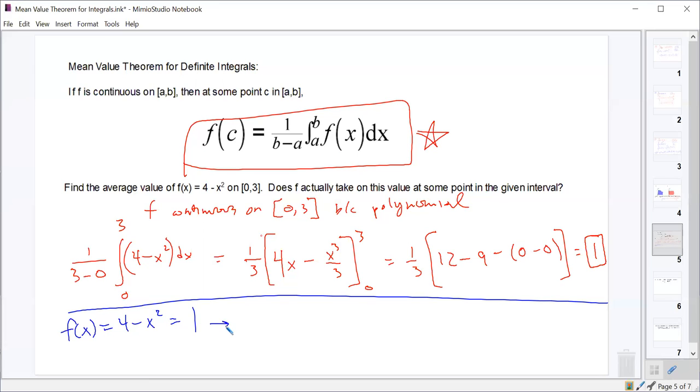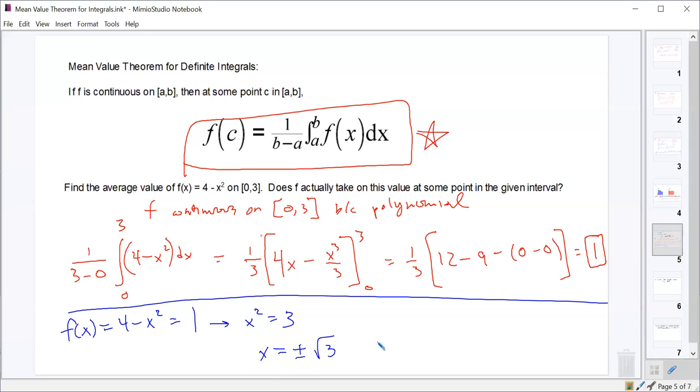That gives us x squared equals 3, which gives x equals plus or minus root 3.